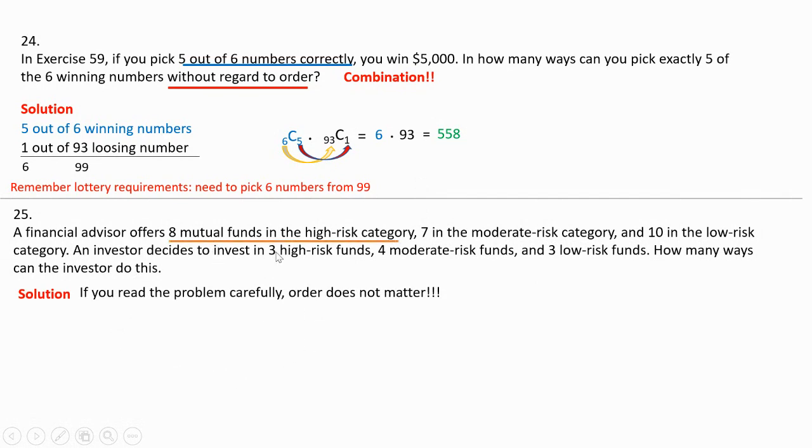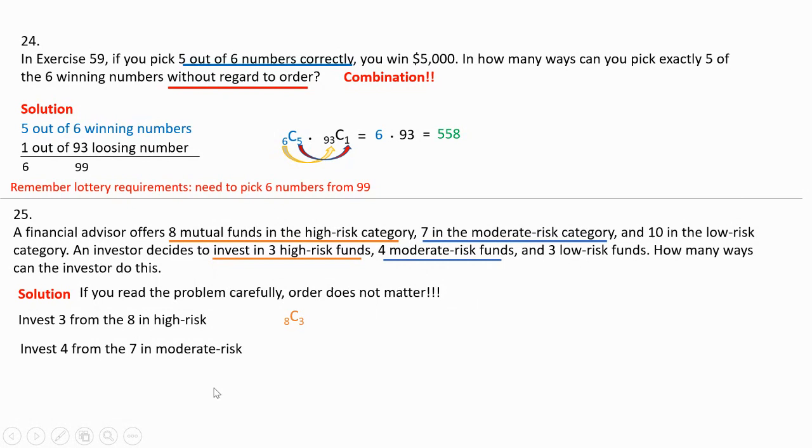So from the 8, I want to pick 3, so we're going to do 8 combination 3. From the moderate risk, from the 7, I'm going to pick 4, so it's going to be 7 combination 4. From the low risk, from 10, I'm going to pick 3, so it's going to be 10 combination 3.